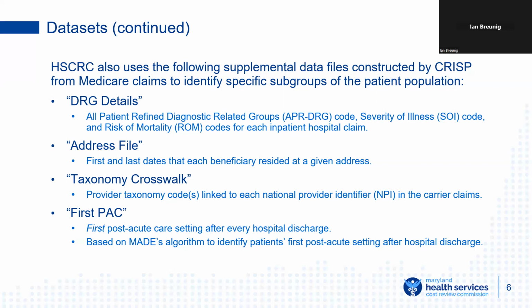You'll need the taxonomy crosswalk, which allows analysts to quickly identify the type of provider that's associated with each NPI number found in the CCLF data, as well as the first PAC file, which uses claims for institutional post-acute care and home health agencies to identify the first PAC setting that a patient was admitted to after they were discharged from the hospital. These are based on MAID's algorithms for first post-acute setting after hospital discharge, which are also used in other programs.